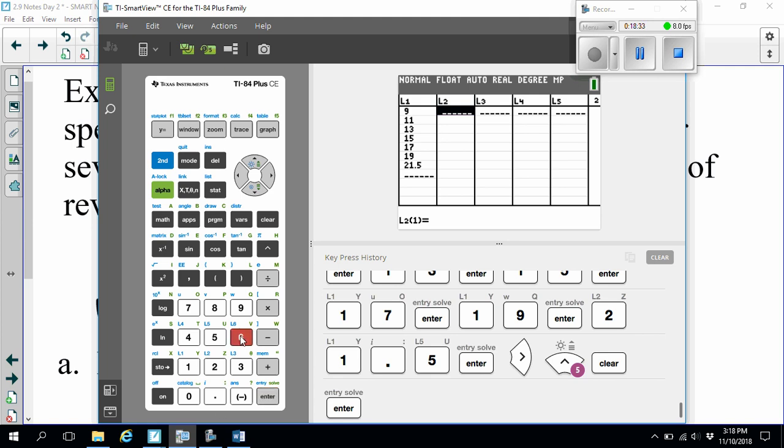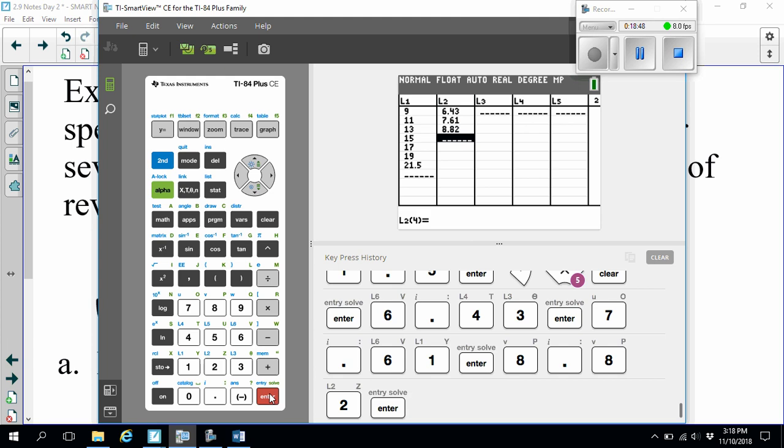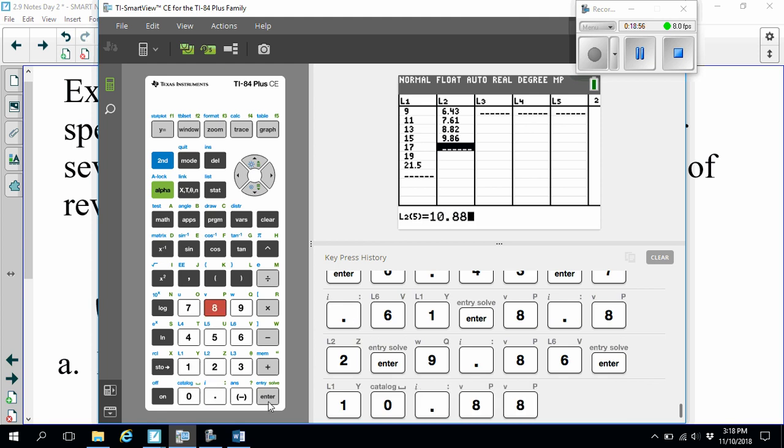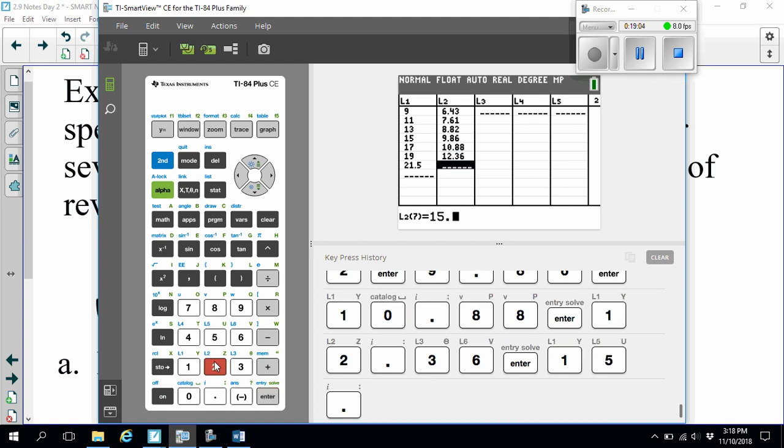So our first one, we have 6.43, then 7.61, 8.82, 9.86, 10.88, 12.36, and 15.24. Make sure these line up, because otherwise you're going to get an error if they don't.